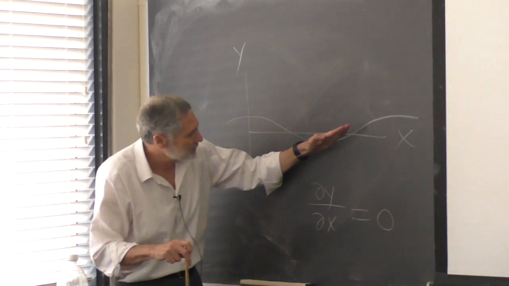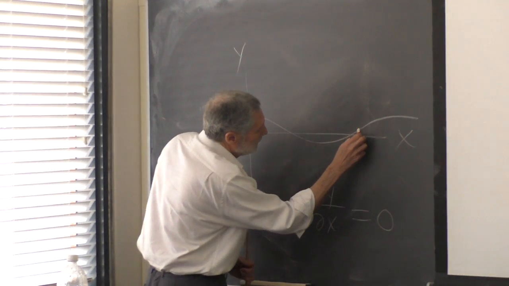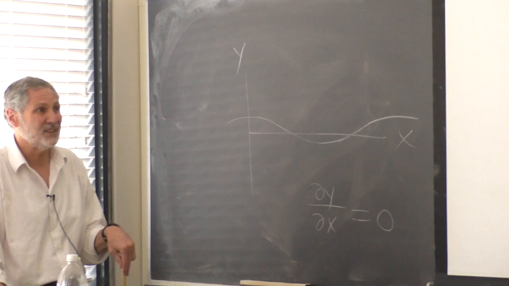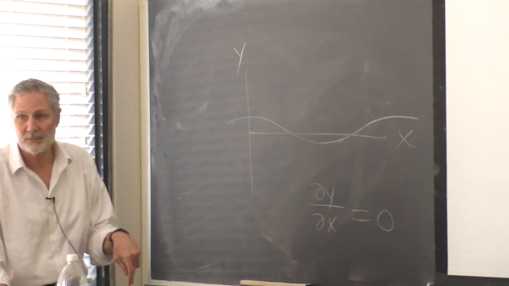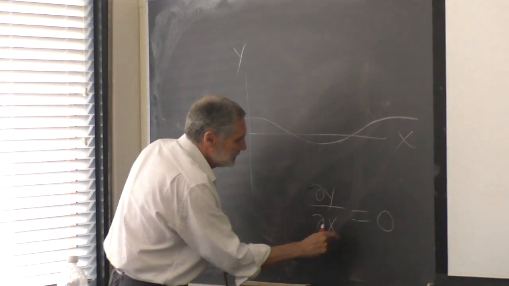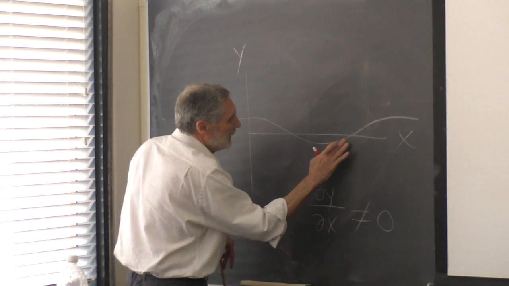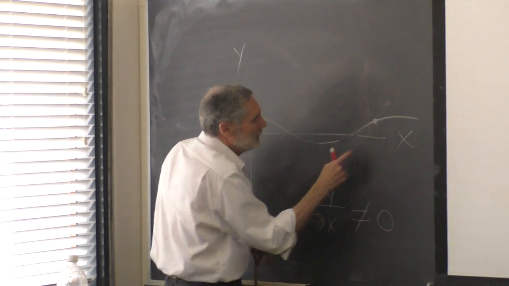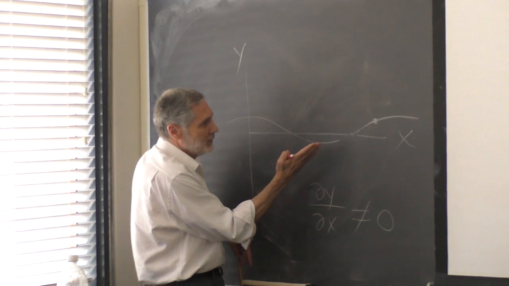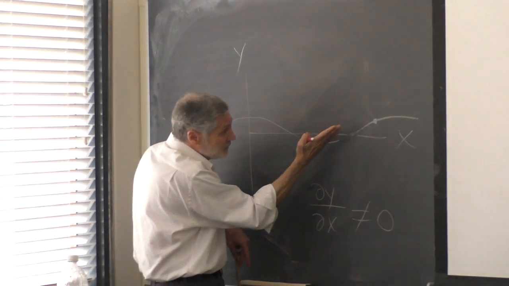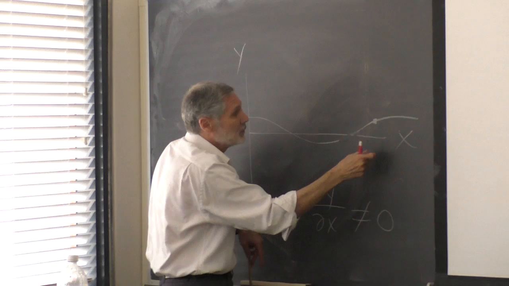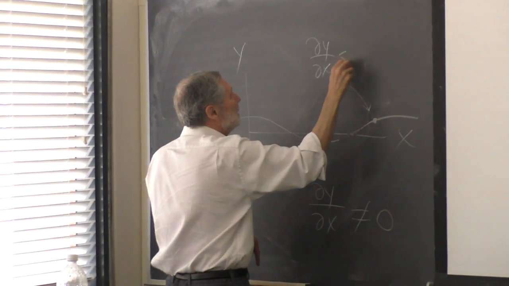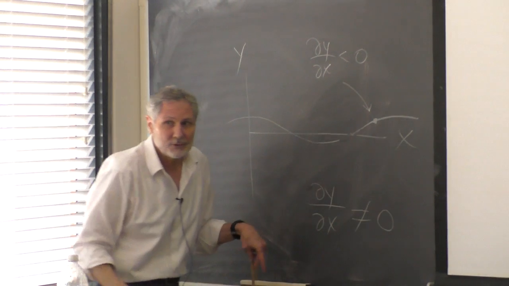It's locally straight. There's no curvature. The radius of curvature would be infinite. But when this is not equal to 0, getting away from this point, like right here, for example, the second derivative is going to be negative here, because the first derivative is decreasing. And there's clearly some curvature there.